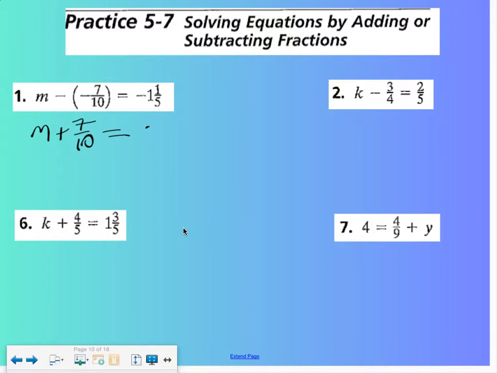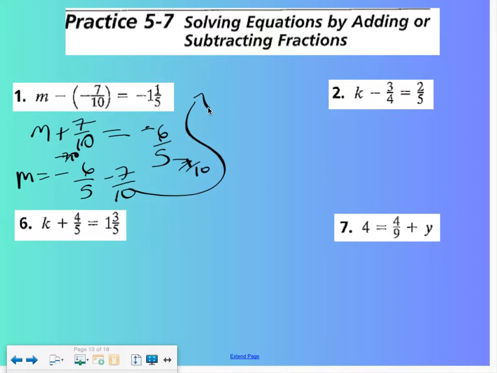All right, so now I have m equals -6/5 minus 7/10 to both sides. So now -6/5 minus 7/10. Coming up here, I need to get the common denominator, so I have -12/10 minus 7/10.